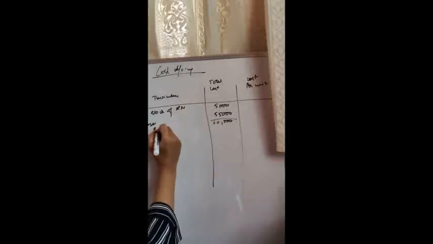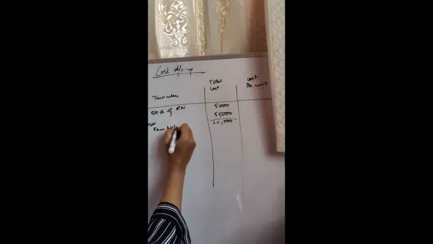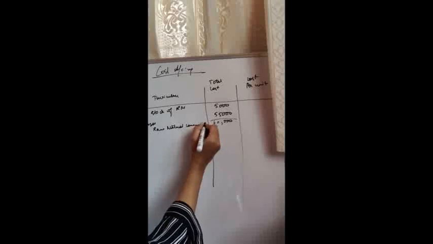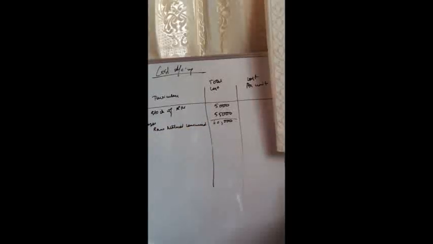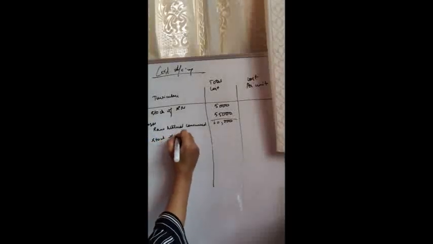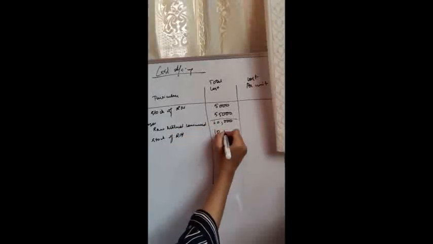This is your raw material consumed. Now to this you will be deducting your closing stock, because closing stock is also mentioned here. You will be taking closing stock of raw materials, that is rupees 10,000. Deduct that closing stock of raw materials, 10,000.